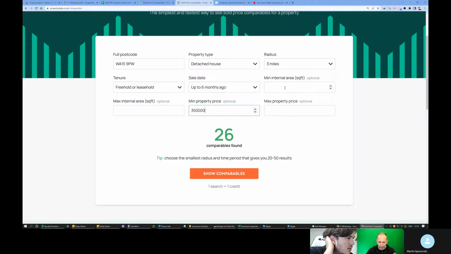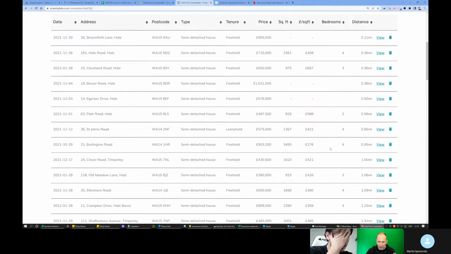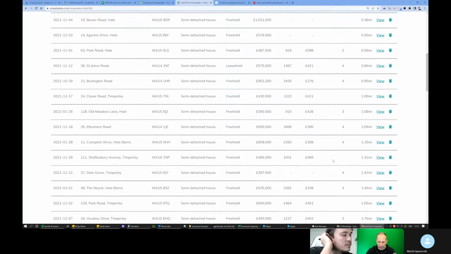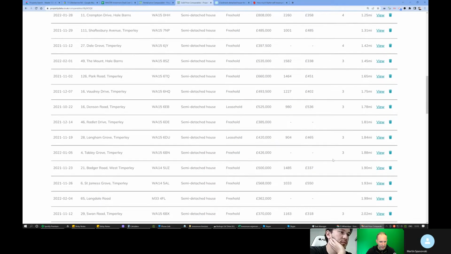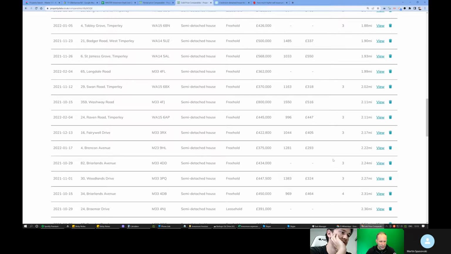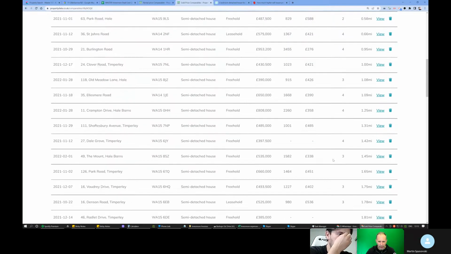And that'll help. So let's have a look. Semi-detached, because I think detached at this price point, you'll get detached, but yeah, so we can see that it's probably 450 average, I would say, based on this. This is just a very rough approximation.